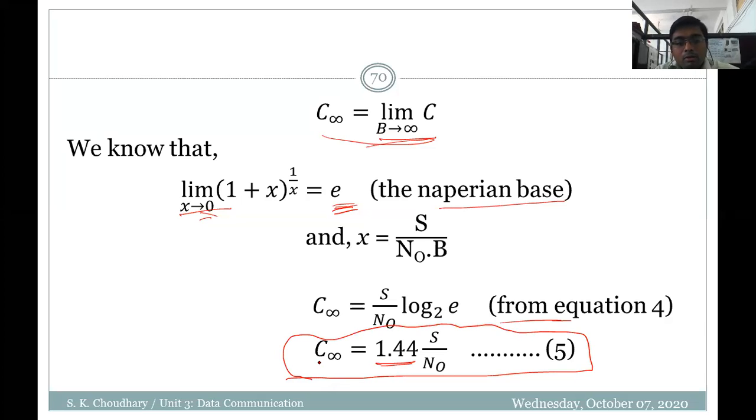If you establish the trade-off between the bandwidth and SNR, that would establish some truth regarding the channel capacity.